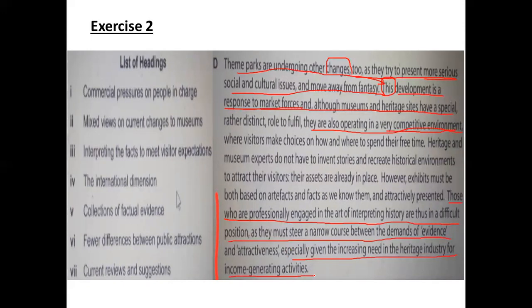Okay, so let's look at the list of headings that we have. Commercial pressures, so that's like competition on people in charge. Did the passage talk about people in charge? It says those who are professionally engaged in the art of interpreting history. So there is pressure on them, so that's good. Mixed views.